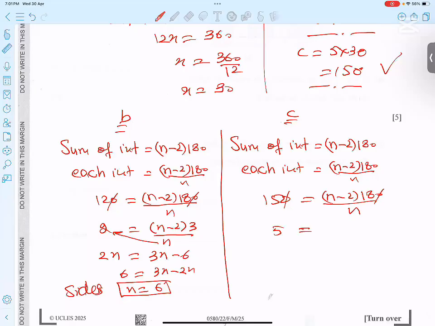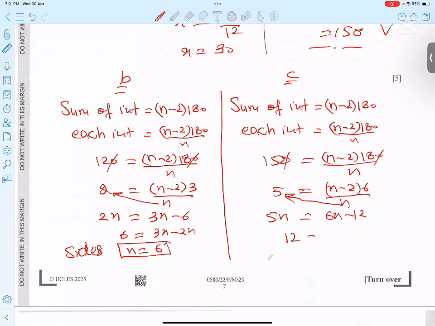So 3 fives are 15 and 3 sixes are 18. Now n will multiply there: 5n equals 6n minus 12. The 12 comes to this side and 5n goes there. Out of 6n, 5n is gone. I got n equal to 12, so 12 sides are there.